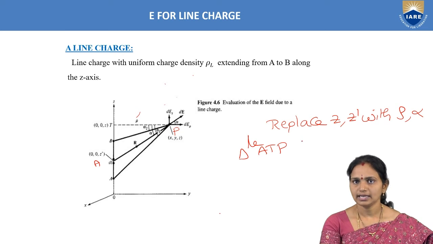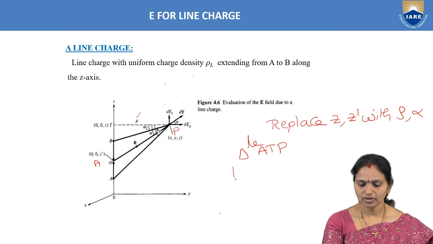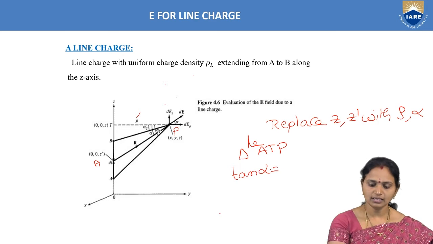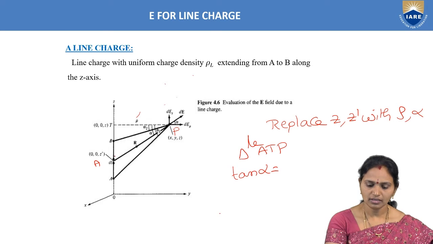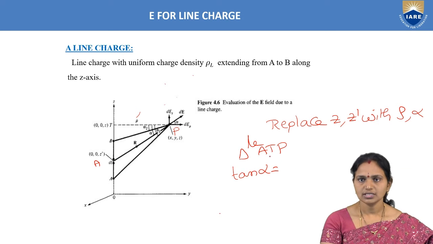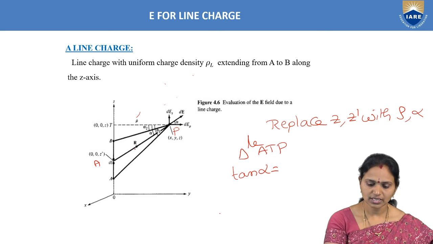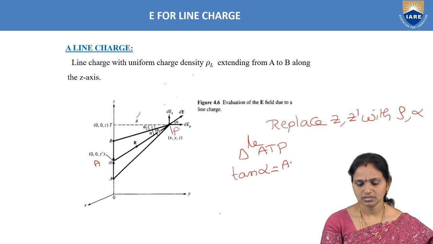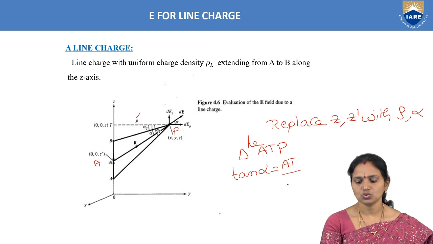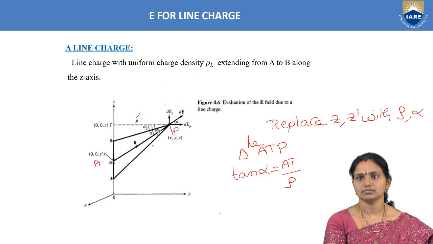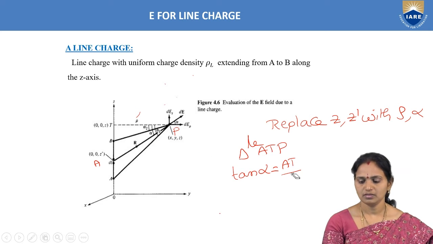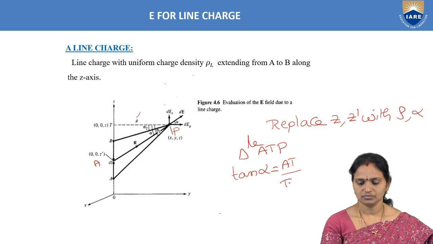From the triangle ATP I can take tan alpha, where alpha is the angle made by point P at dl. Tan alpha is opposite side by adjacent side. Here the opposite side is AT, and the adjacent side is TP.